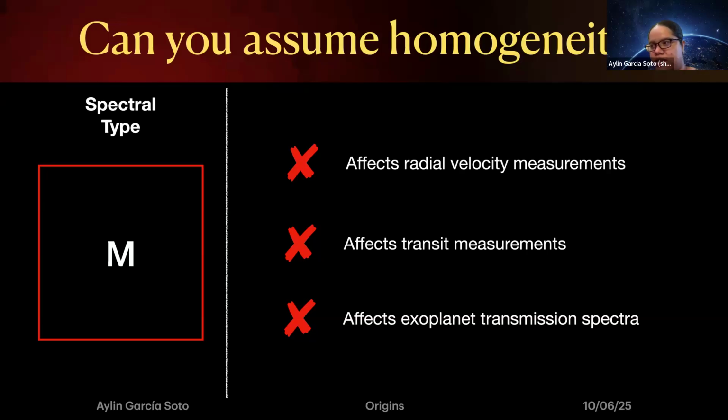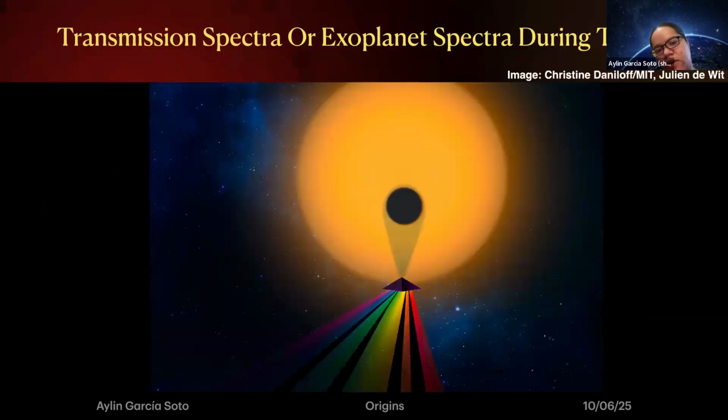The first two are about basically removing stellar activity from your exoplanet detection methods. But the last one is very important, especially now that we have JWST up. So what is that? If you have a transiting planet, when it passes in front of a star, you can get the transmission of the atmosphere of the planet, because the star's photons are getting observed through the atmosphere of the exoplanet.